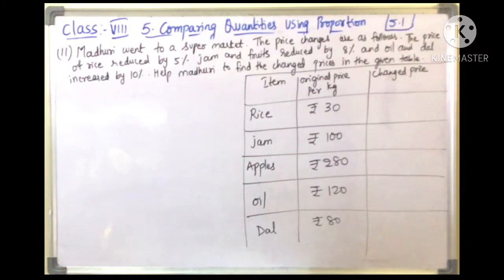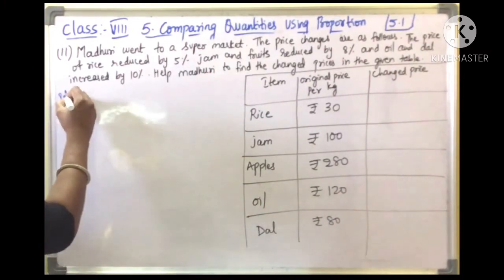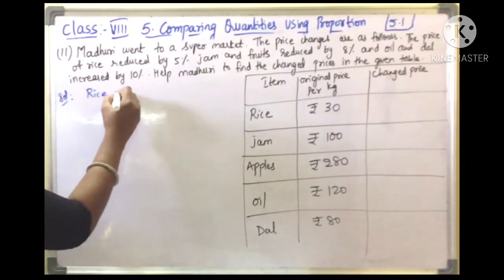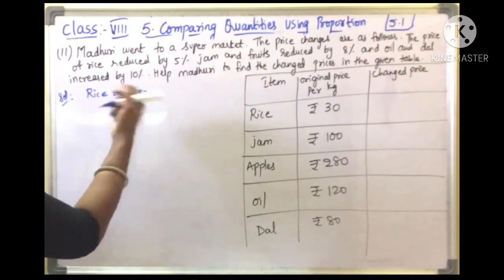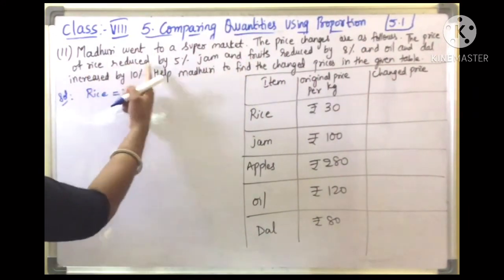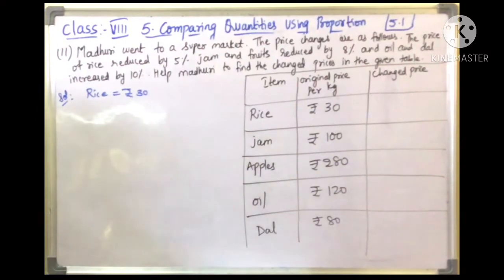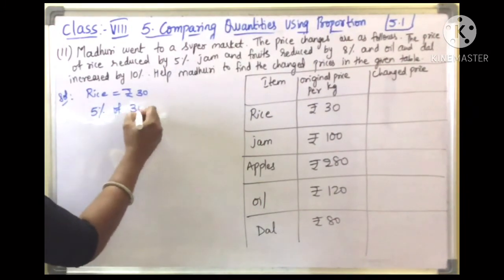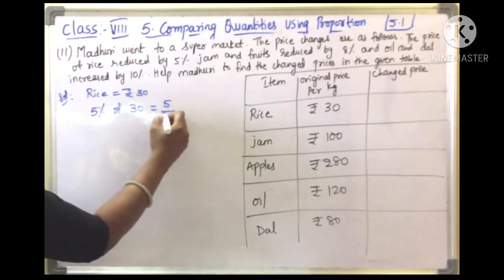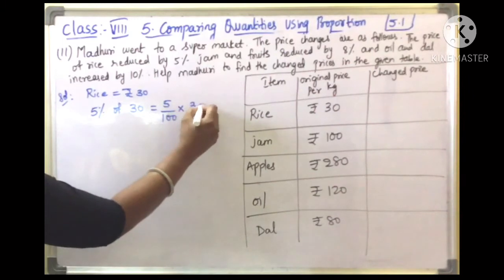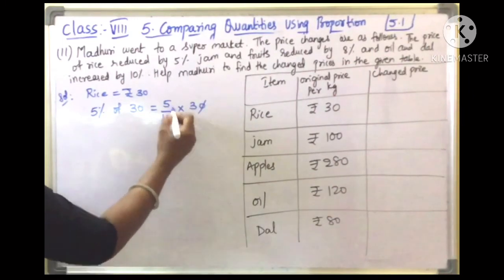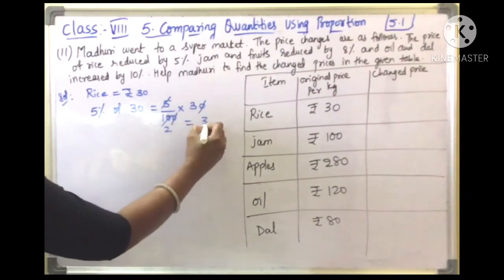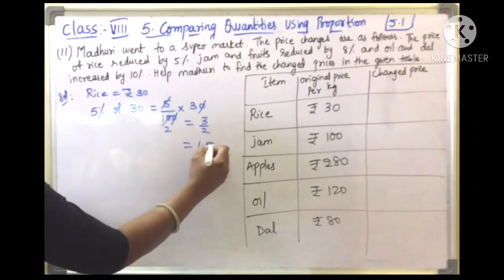So coming to the first one, children, rice. Rice is given as rupees 30, and the price of rice reduced by 5%. So the price decreased, but first we need to find 5% of 30. That is 5 by 100 into 30. When you cancel the 0, 5 ones are 5, 5 twos are 10, so 3 by 2, that is nothing but 1.5.